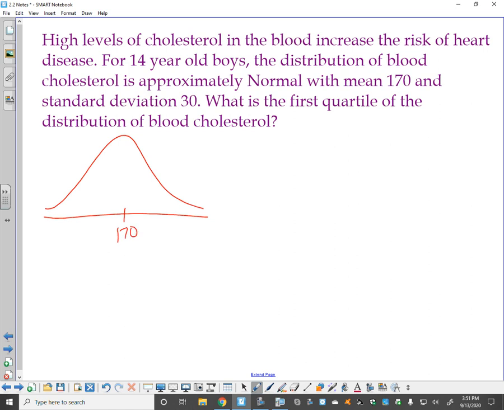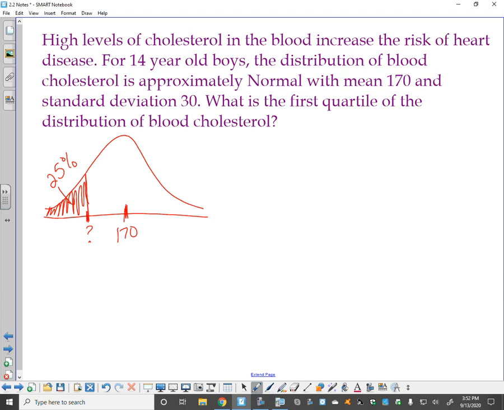First quartile. Well, I know that's 50%. So I want 25%. First quartile. Well, looky there. I want 25%. They gave me what percent I wanted. I want to know the value that will chop off 25%.